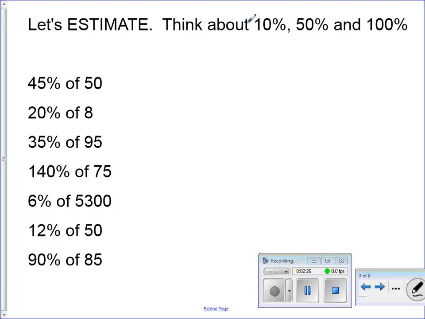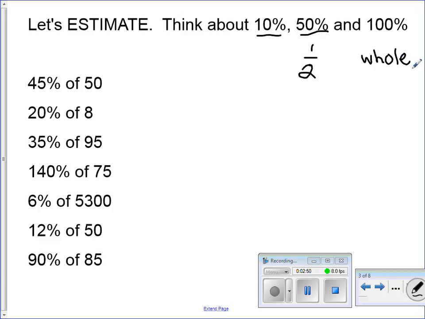When we estimate, we want to keep in mind 10% of a number, 50% of a number, which is also known as half of something. It's very easy for us to cut something in half. And then 100% of a number, which is all of it, which is the whole. So think about it this way. What's 100% of 5?